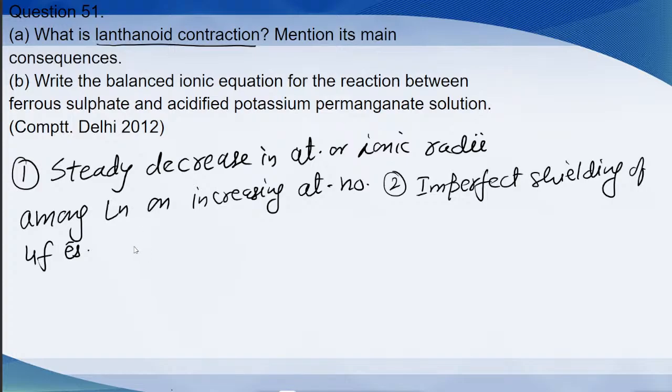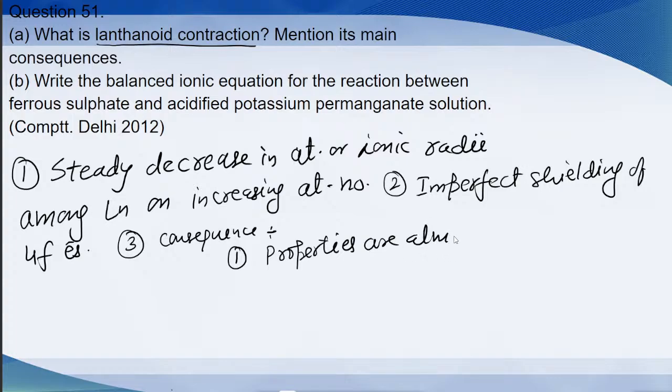And what are its consequences? So first consequence, because there is a steady decrease, their properties are almost similar, and therefore they are difficult to separate.